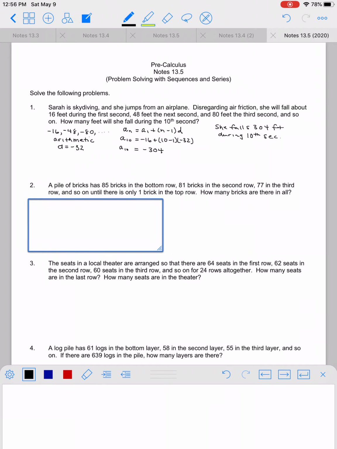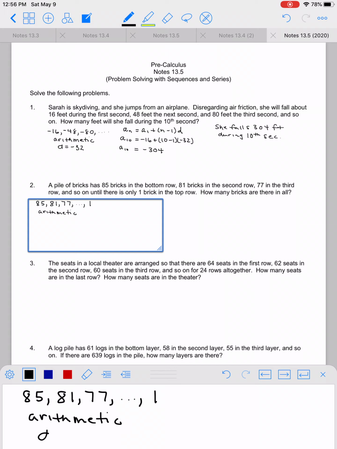Okay, now we're talking about a pile of bricks. There are 85 in the bottom row, 81 in the second row, 77 in the third row, and it continues until there's 1 in the top row. This is also arithmetic.